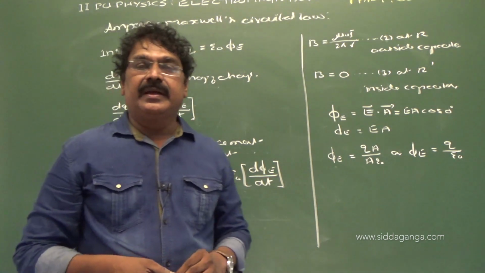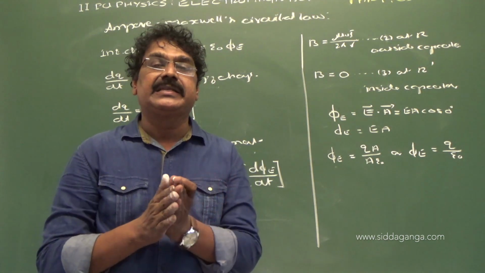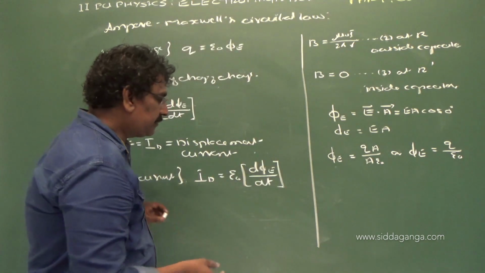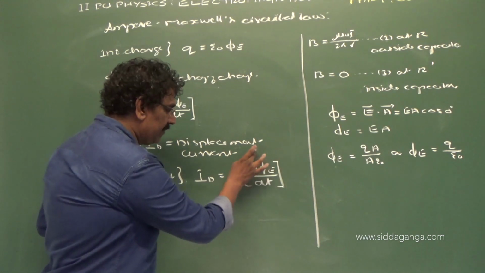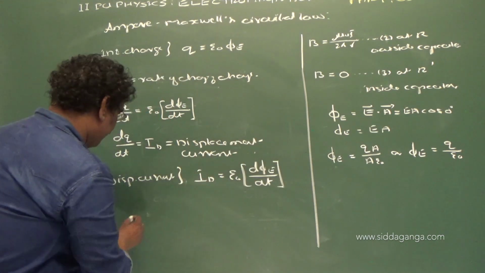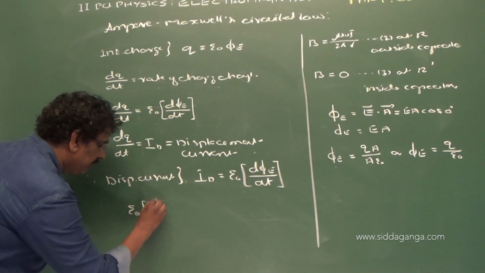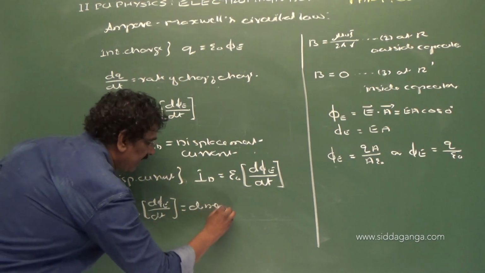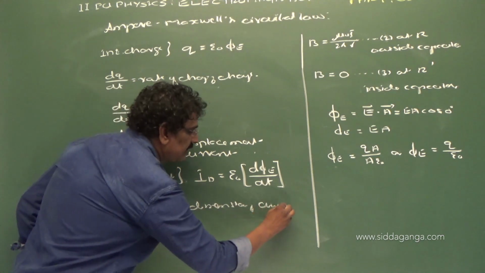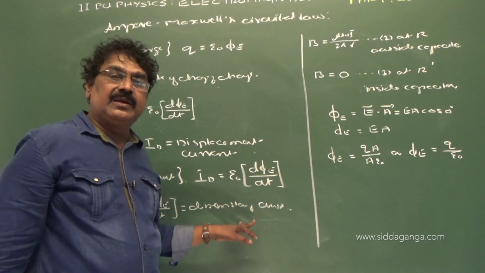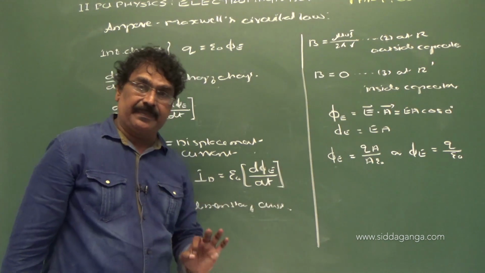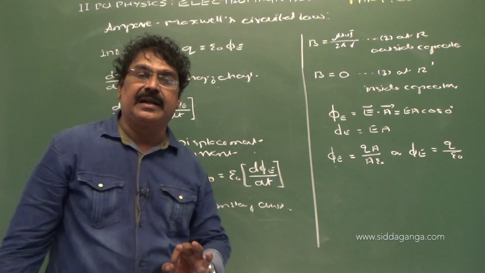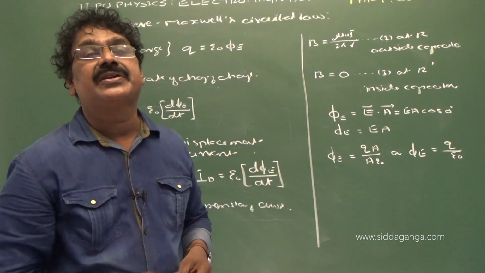This current, the name displacement current, is given by Maxwell. It is because of the fact that the term epsilon naught into d phi E by dt has dimensions of current. It has dimensions of current, that is M to the power 0, L to the power 0, T to the power 0, A to the power 1. Therefore, this ID is nothing but an electric current, but it is not the conduction current.